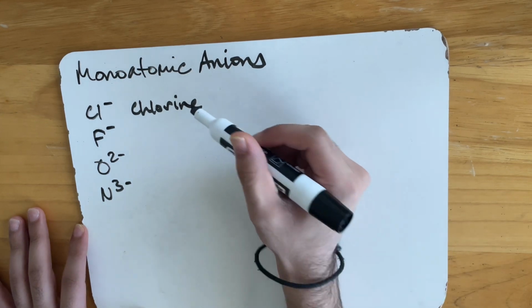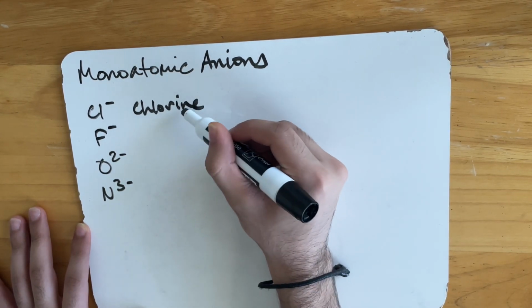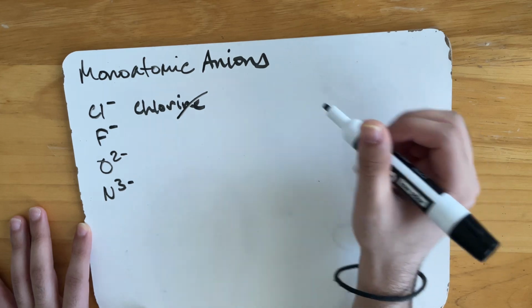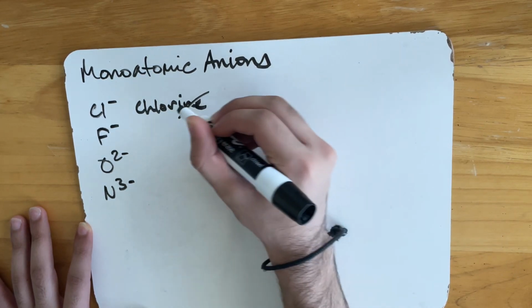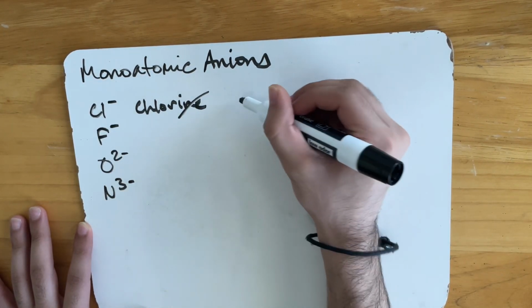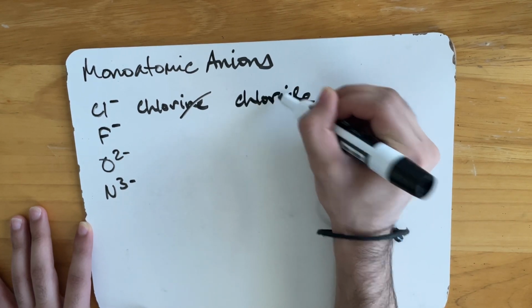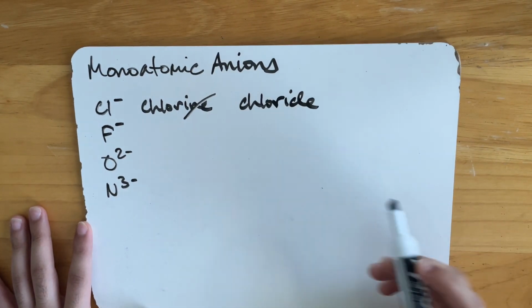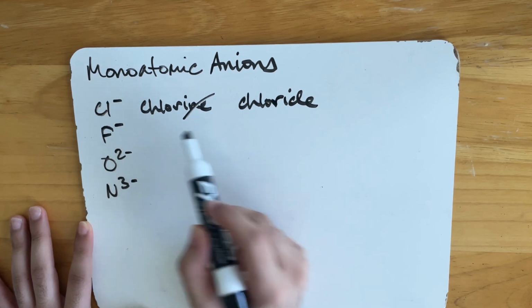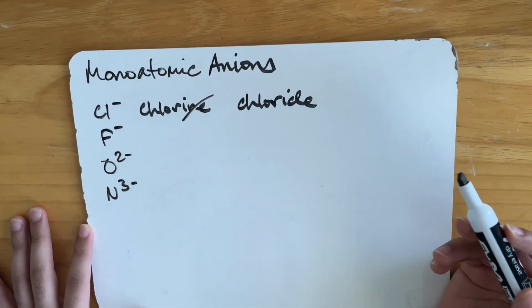So we wipe off the ending and just replace it with an "ide." So chlorine for Cl minus becomes chloride. If you think about adding "ide" to the stem, our stem is chlor, and then we add an "ide," so it becomes chloride.